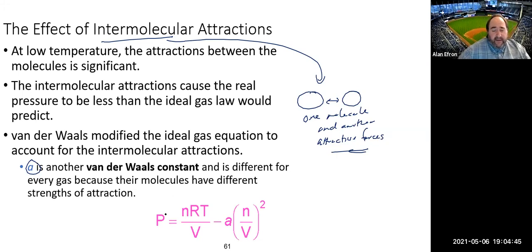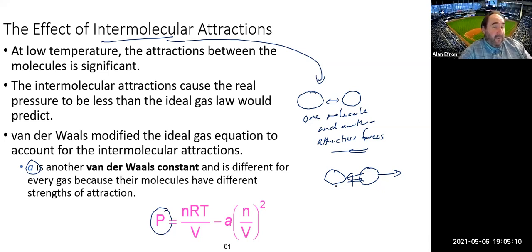That's going to affect the pressure aspect of our situation. Because again, as I was mentioning, we'll see a much better picture in just a sec. If there are some attractive forces between molecules, and as this guy tries to get away, he's going to feel some drag, if you will, because he's got some attractive forces to, say, the molecule behind him. That's going to cause perhaps the guy not coming into the wall of the container as fast.